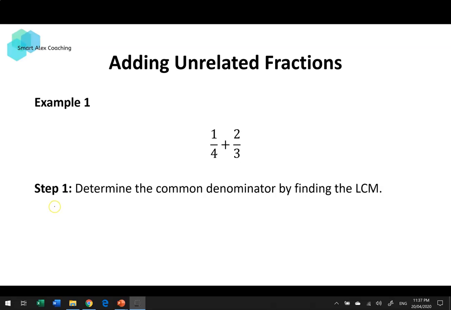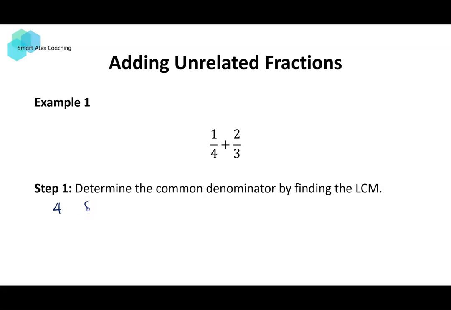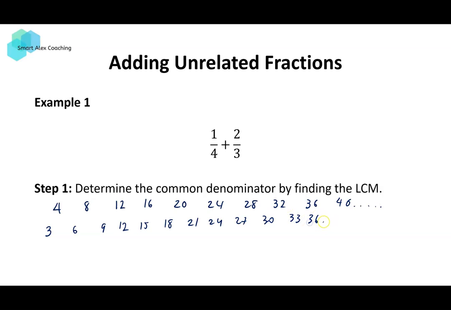The multiples of 4 are 4, 8, 12, 16, 20, 24, 28, 32, 36, 40, and this keeps going. The multiples of 3 are 3, 6, 9, 12, 15, 18, 21, 24, 27, 30, 33, 36, and again this keeps going too.